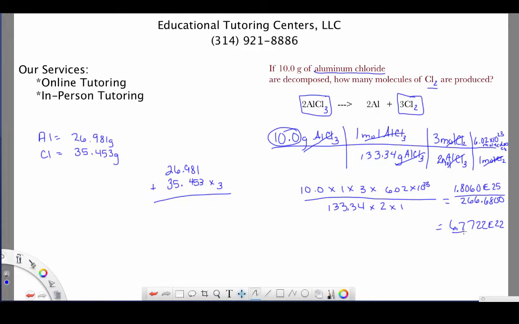So here would be my cutoff, and that 2 will tell me not to round that 7 up. So 6.77 times 10 to the 22nd molecules, and please don't abbreviate it as mole, because moles and molecules are 2 different things. Molecules of Cl2. Okay, so that's it for that problem.